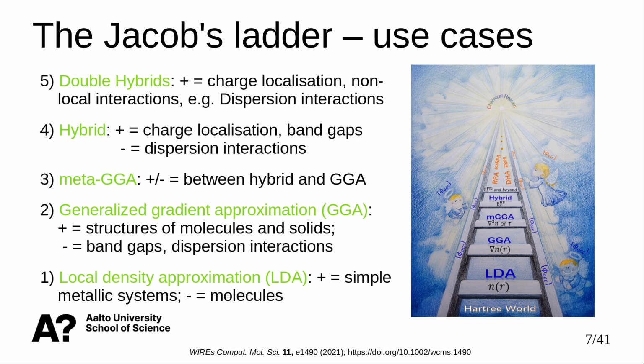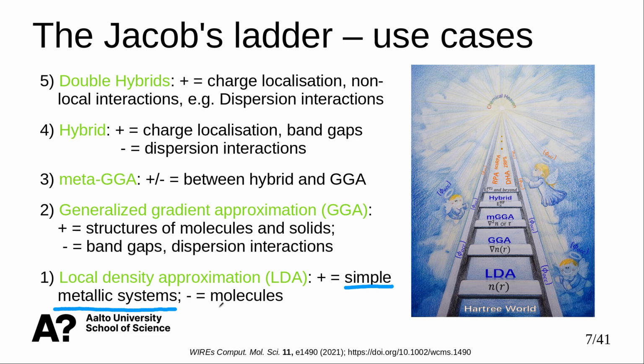So what can those different rungs actually be used for? LDA is quite simple, and it describes the system more in this homogeneous electron gas method. So for that, it's quite good for simple metallic systems, which anyhow have a lot of delocalized electrons, so they are smeared all over the system, so it comes close to a homogeneous electron gas.